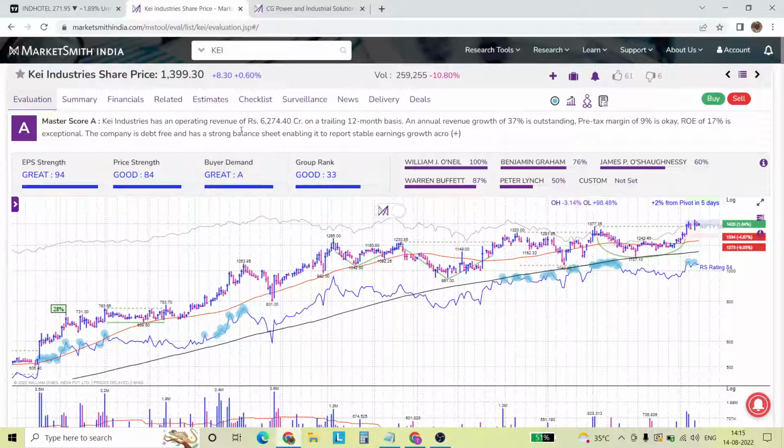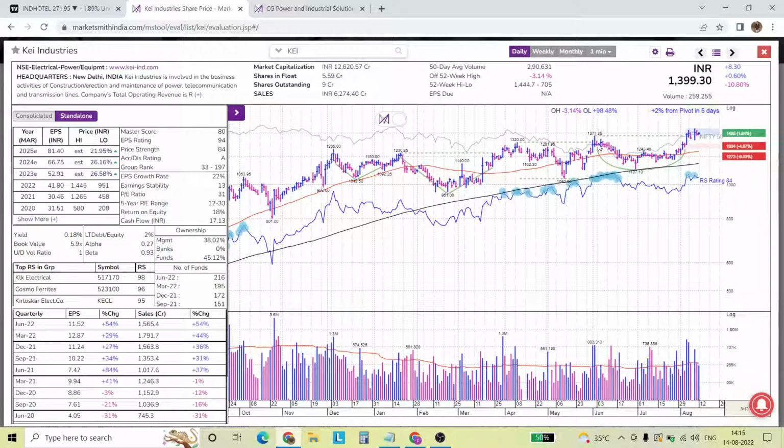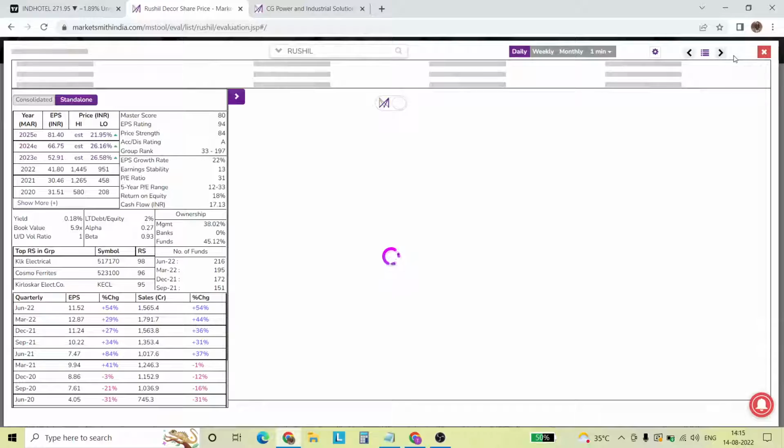Yeah, okay. This is the key industry. There's a base, but not very tightening. I don't like this.